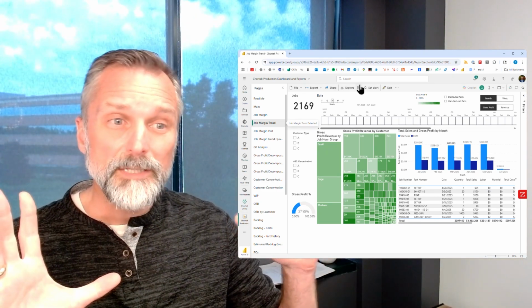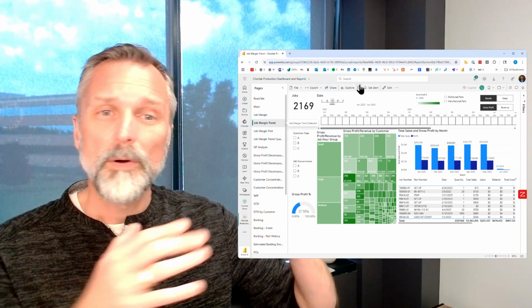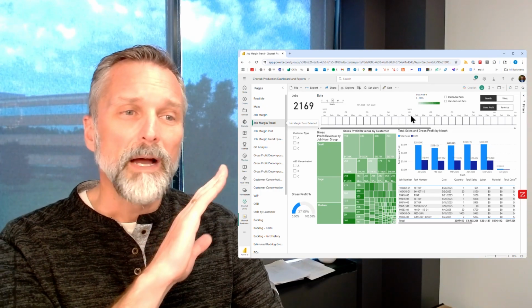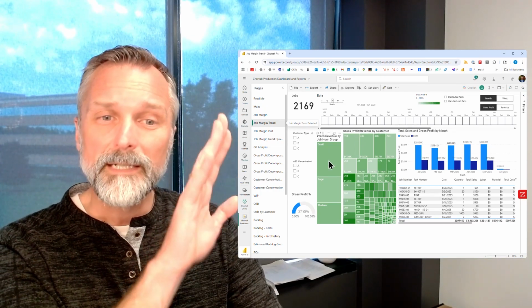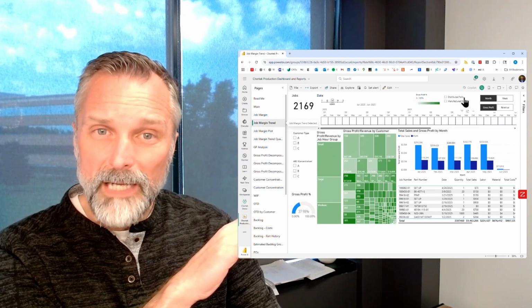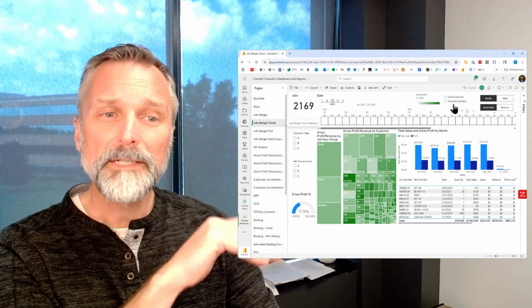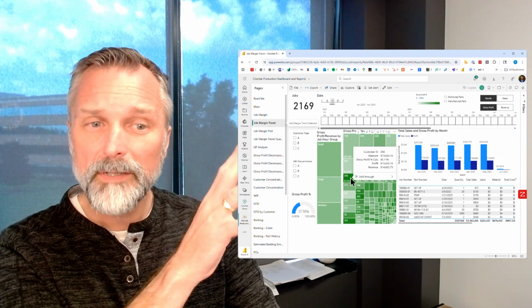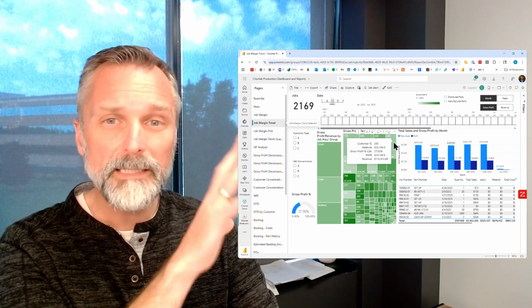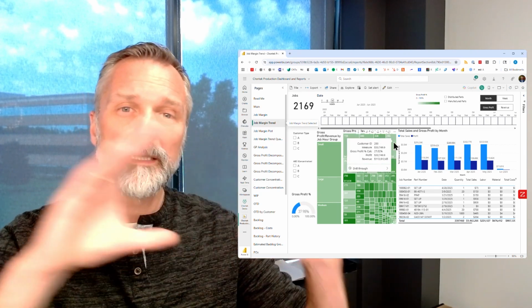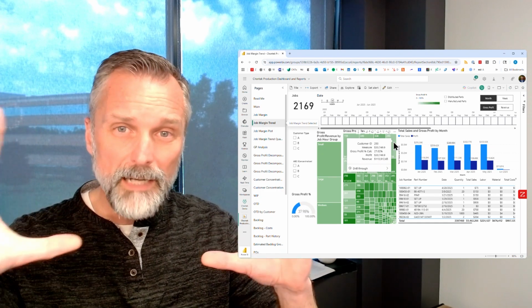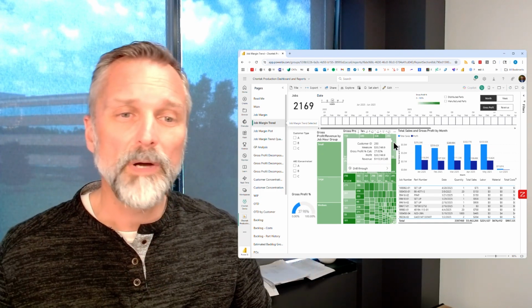This is a page that's looking at profitability over whatever time period by subsets of customers, based on job size, based on the type of manufacturing. The darker the green, the more profitable. The less green, the lesser profitability. The bigger the rectangle, more gross dollar profit. Smaller rectangle, smaller.